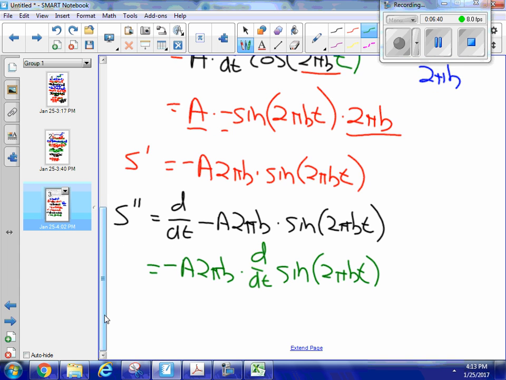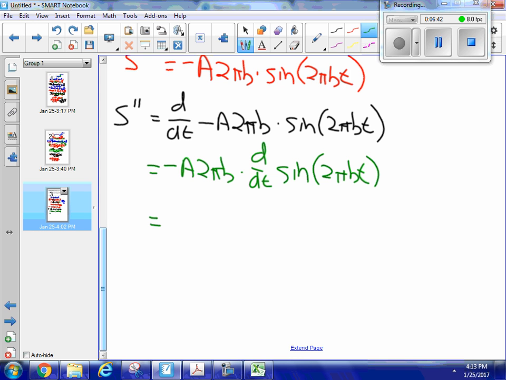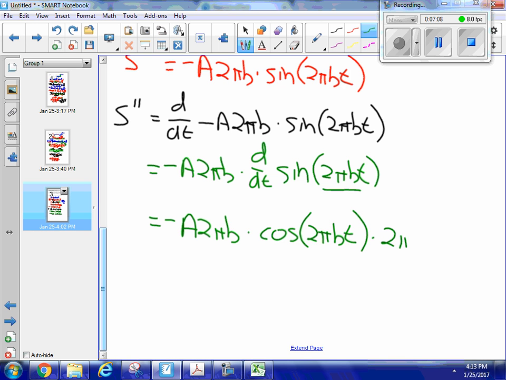and that is equal to negative a 2 pi b times, well, the derivative of sine is cosine, so I have cosine 2 pi b t times the derivative of the inside, which we already did, is just 2 pi b.